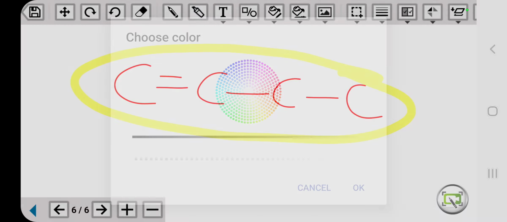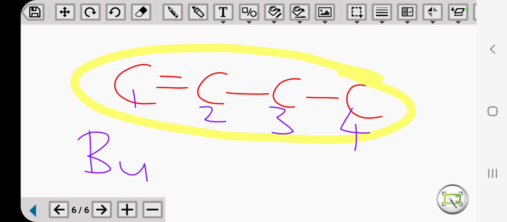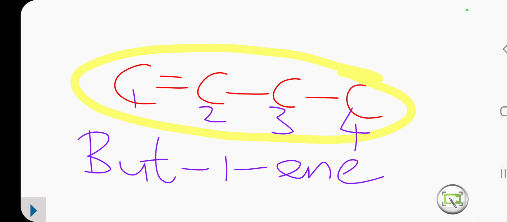Because there's a double bond, I'm going to have to number these carbons. The double bond is on the left, so I'm going to number from left to right. The double bond is connected to the smallest carbon being 1. We have 4 carbons, which means but, then dash 1, and because it is a double bond, we end off with ene. There you go. It really isn't that bad.